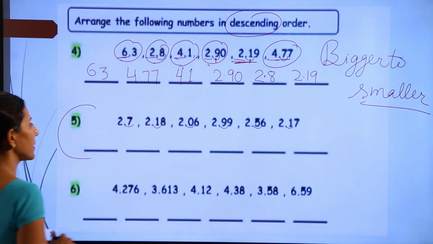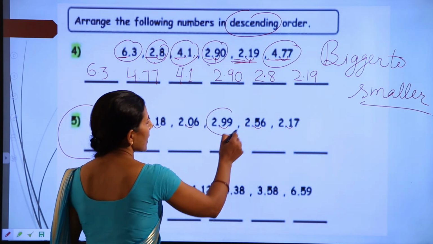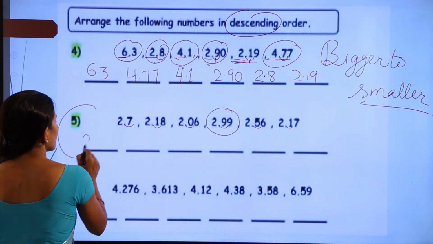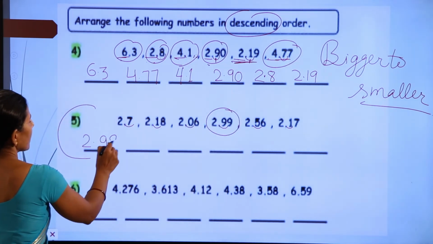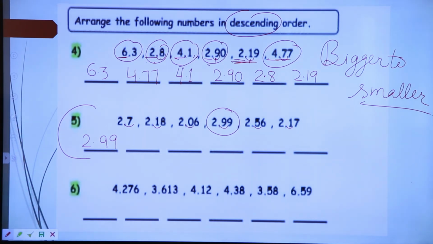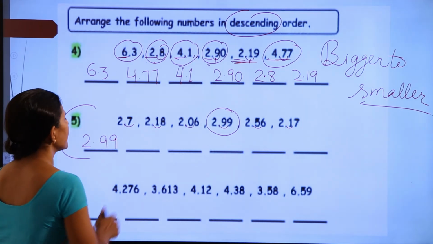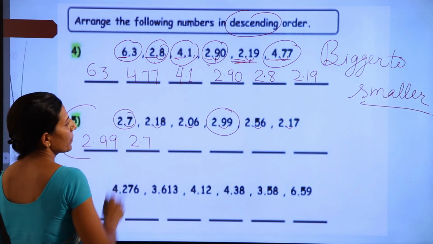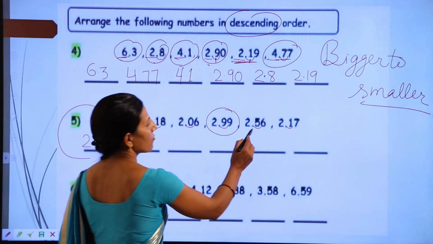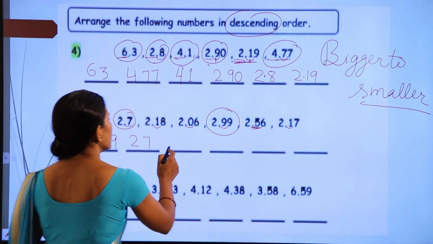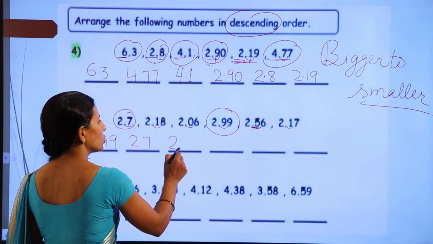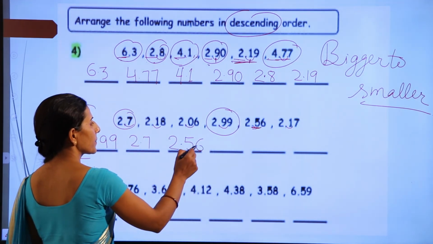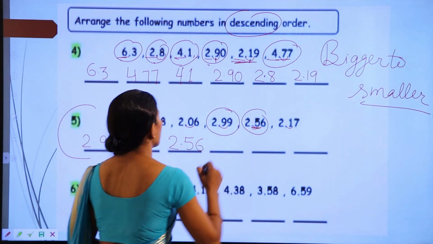So which one is greatest? We know that 9 is greatest, so we write 2.99. After that 7 is greatest, okay, so we write 2.7 and then 5 is greatest, 2.56, okay.